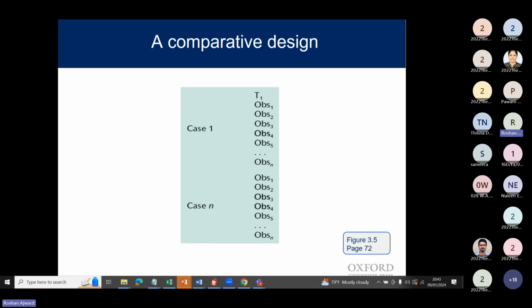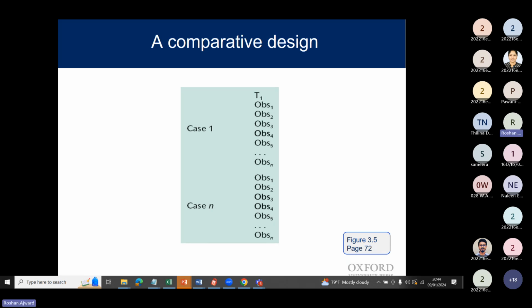Okay. Now I'm going to ask a simple question from you. Out of these designs, in terms of replication, what's the easiest study design to replicate? We discussed 5 designs. What's the design that you can easily replicate? Cross-sectional one.